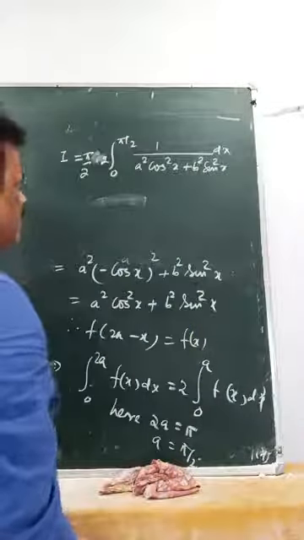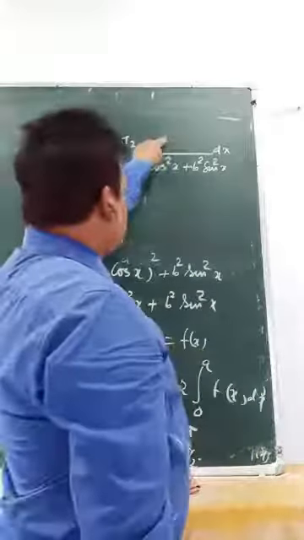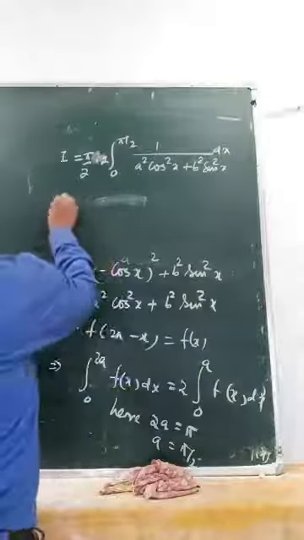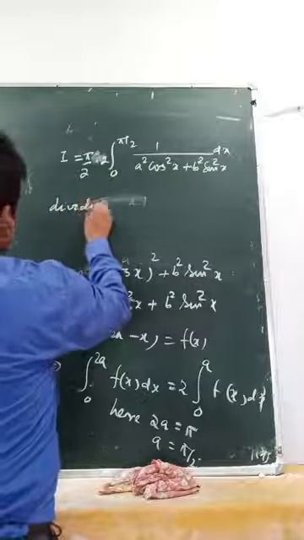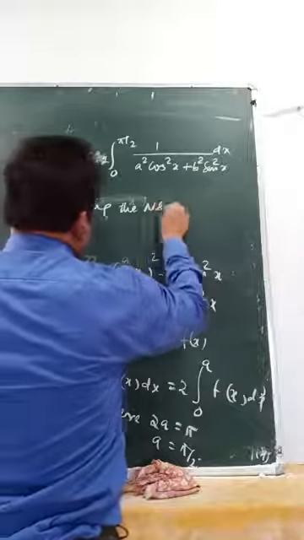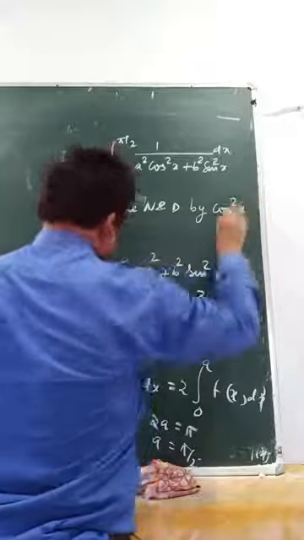Okay, this particular type of question, we divide the numerator and denominator by cos square x. Dividing the numerator and denominator by cos square x.